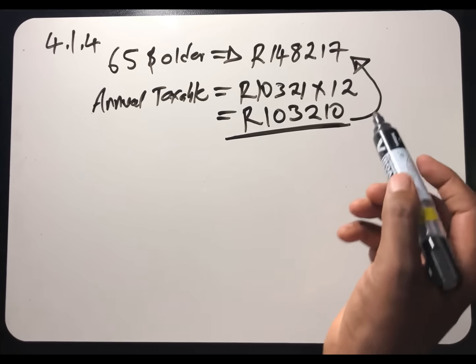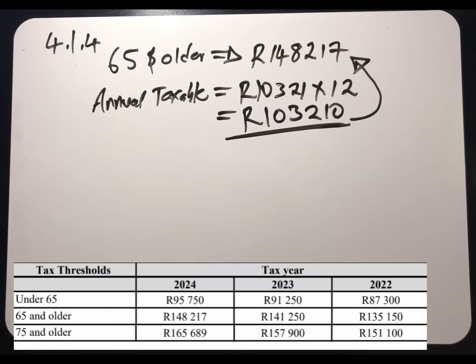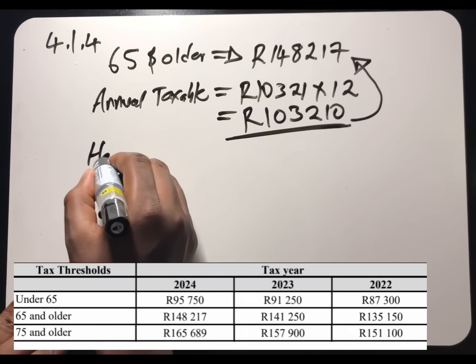So because she's earning less than this amount, she is not supposed to pay tax. The claim is correct. Her income is below the tax threshold.